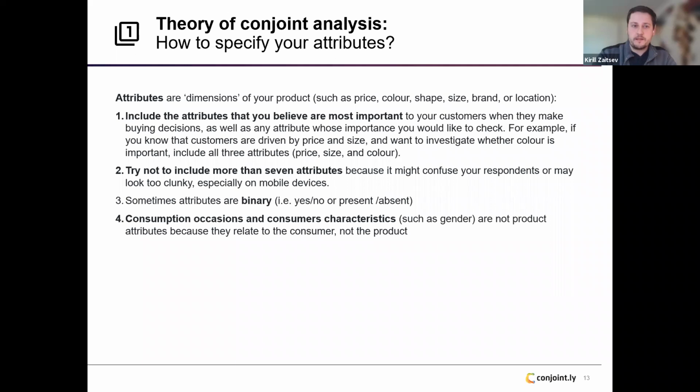So starting at the very most important part, how do we define what attributes should be included? Attributes, as you may remember, are the different dimensions which define a product. With the phone example, we had various different factors that could impact what the phone was: the screen size, the color, the shape, perhaps the memory, what have you. So the first characteristic you want to keep in mind is that you want to describe the product fully and cover all of the quote-unquote important attributes.